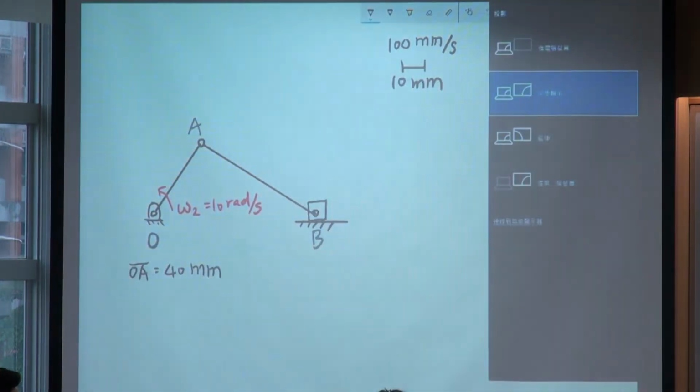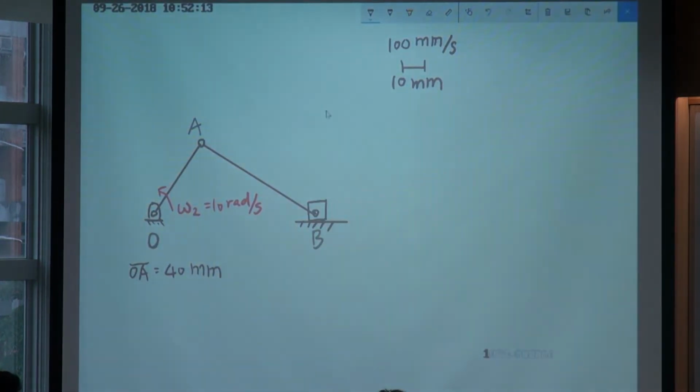Sorry, I need to switch the monitor. Okay, so we're going to perform the velocity analysis of this one. The angular velocity of this bar is given, and let's say we try to find VB.